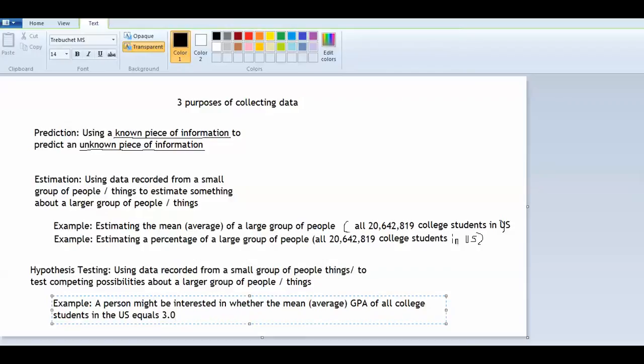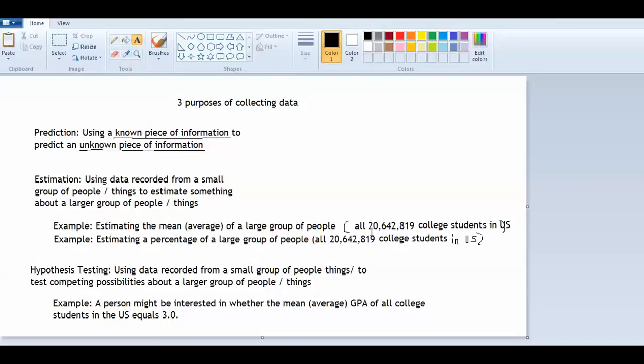So once again, we're talking about this number up here of all college students in the US. This time we're not estimating the average, but we're trying to make an all or nothing decision about whether we think that the average GPA is equal to 3.0 or if it's some number other than 3.0.